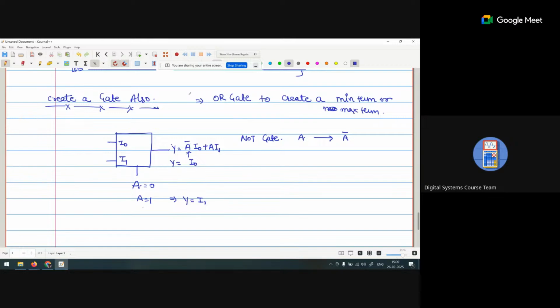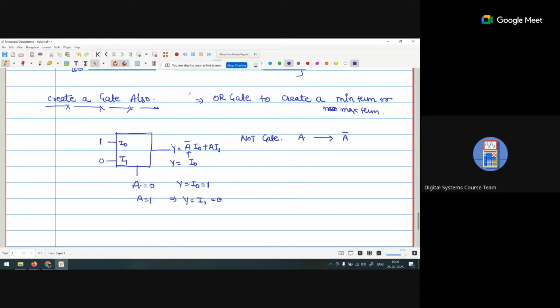If A is 1, what we require is 0 as output, so I1 is 0. And if A is 0, we are getting Y as I naught; if I naught is 1, Y is 1.